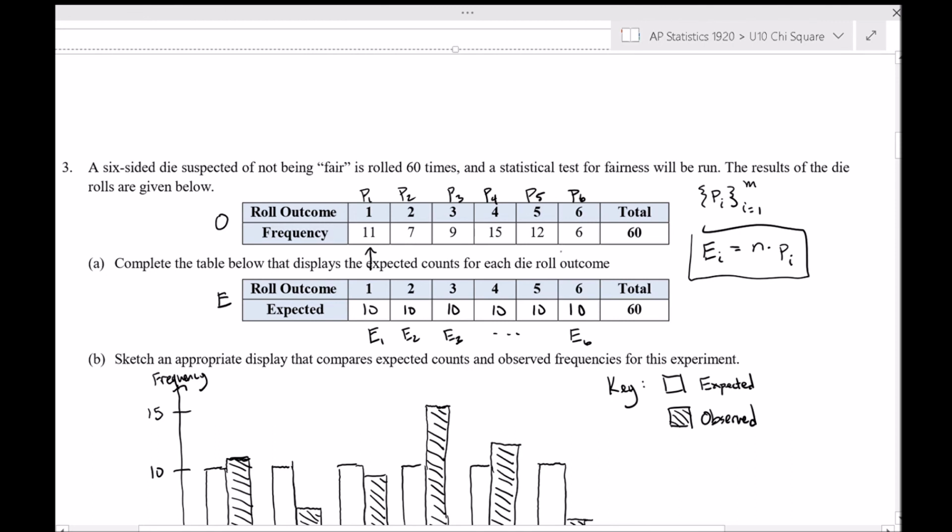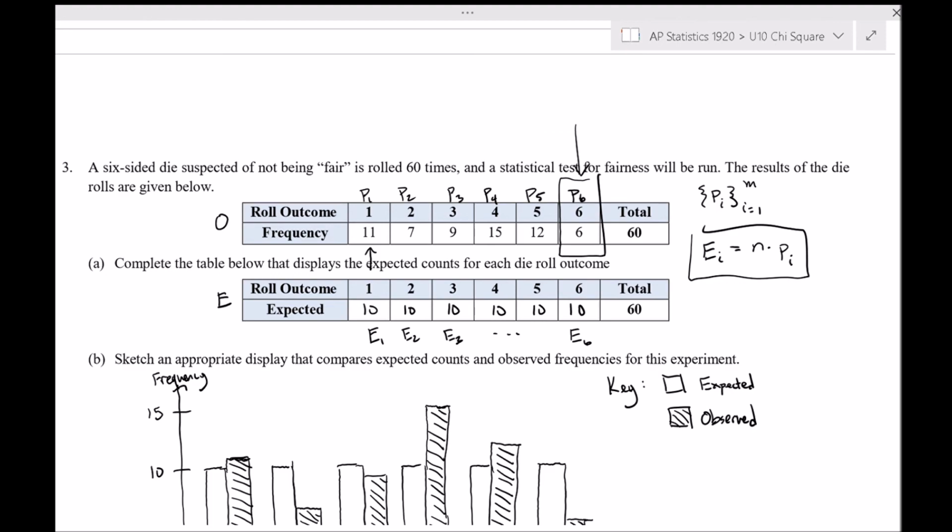The number of 6s is very low, and a lot of games favor rolling a 6. If you gave this die to your opponent, they would more than likely accuse you of giving them an unfair die. The number of 6s was expected to be 10, and we got 6. But because we only did this 60 times, 10 versus 6 is not that big of a difference, statistically speaking.